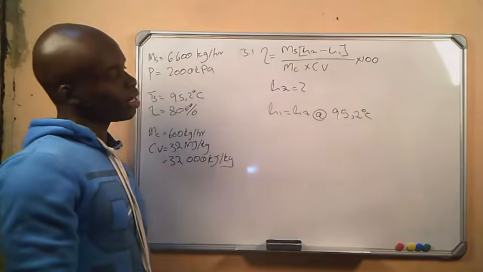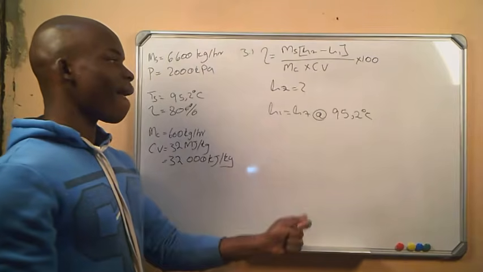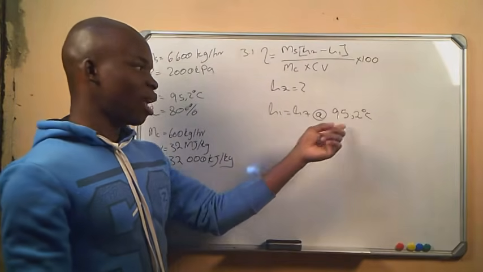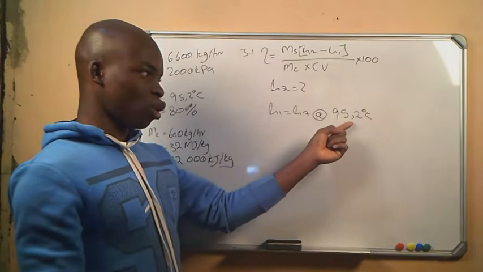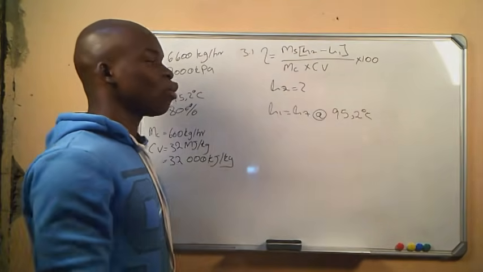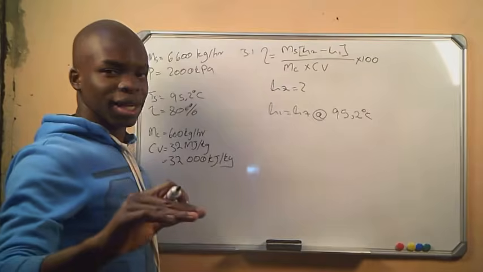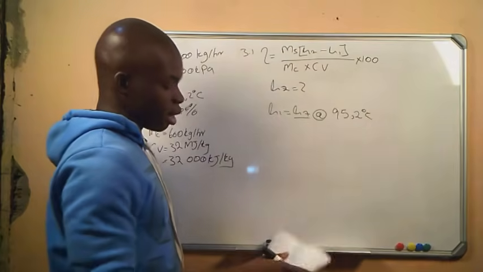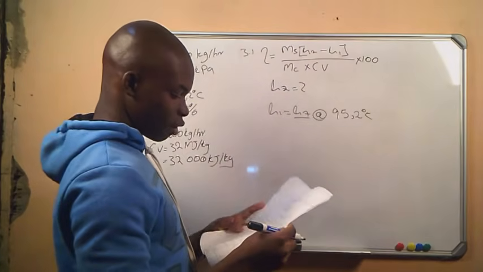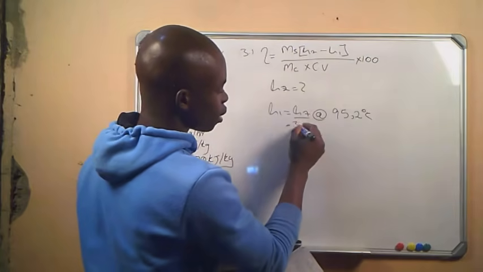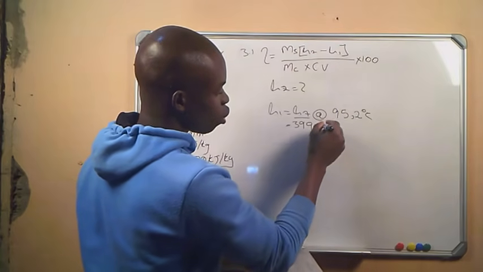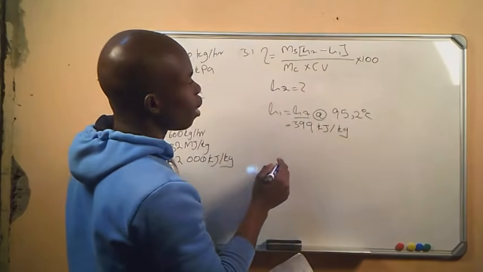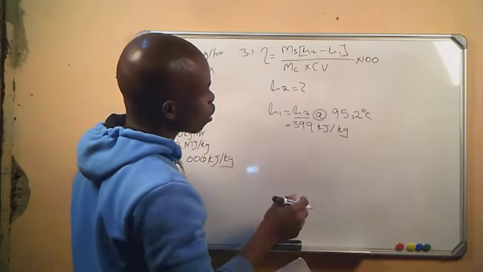So you just go to your steam table and look at the temperature, and under the column of the saturation temperature, look for this value, 95.2, and then when you find this value, in that column you look for the value of HF, and I found that my value of HF is equal to 399 kilojoules per kg.